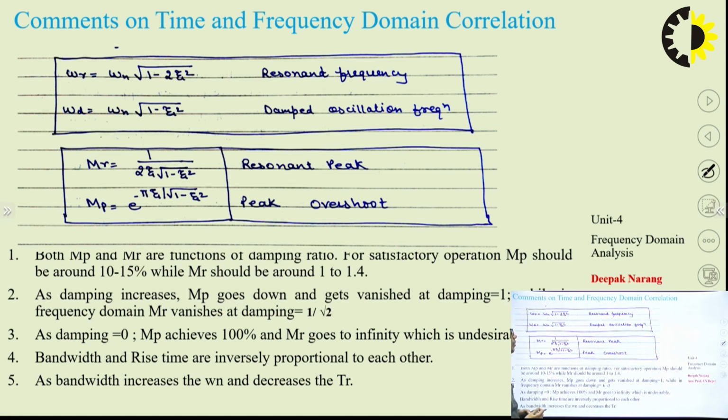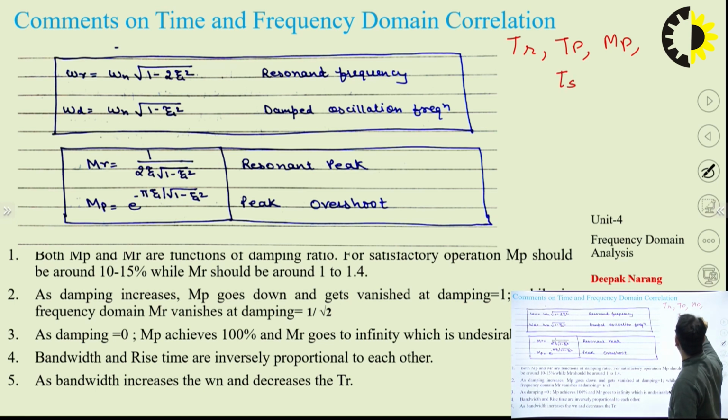On the basis of these specifications, we can comment on time and frequency domain correlation. In time domain we get specifications like rise time, peak time, maximum peak overshoot and settling time.